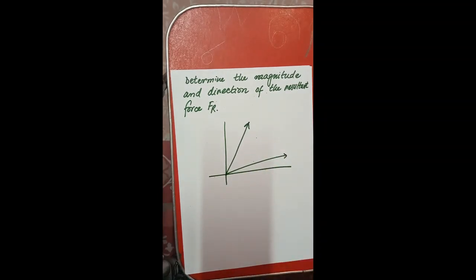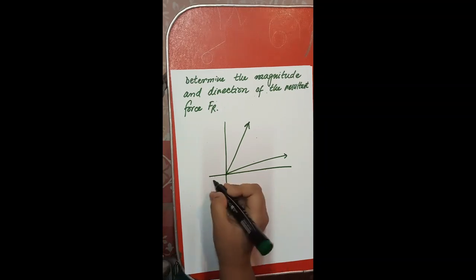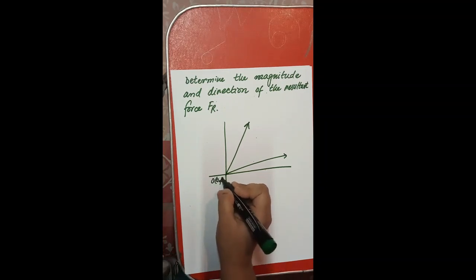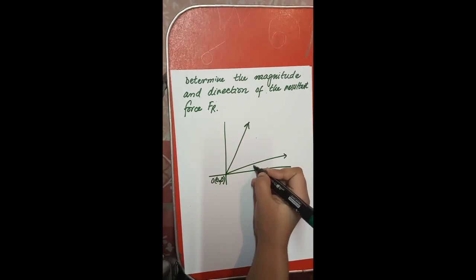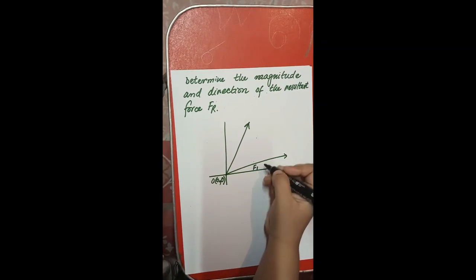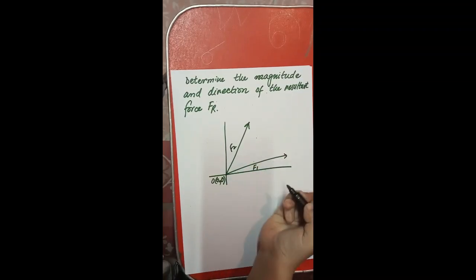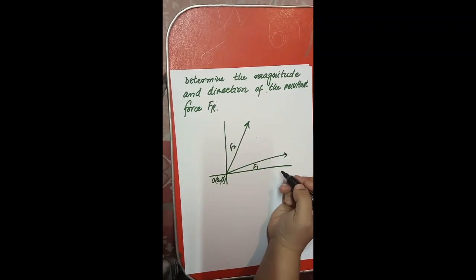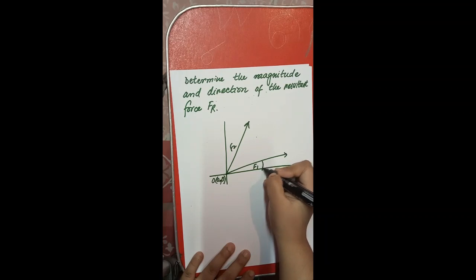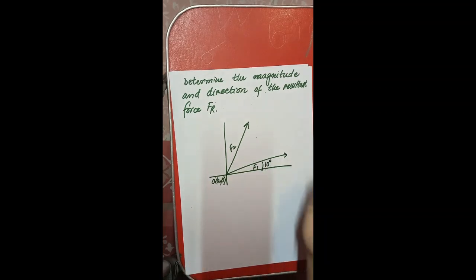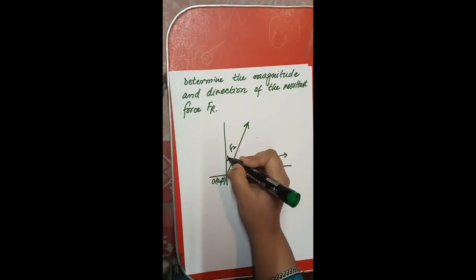if we have two forces acting on an origin, and this one is the F1 force and this one is the F2 force, so what we have to do is calculate. The angle given to you is 10 degrees here, and another angle given to you is 15 degrees.